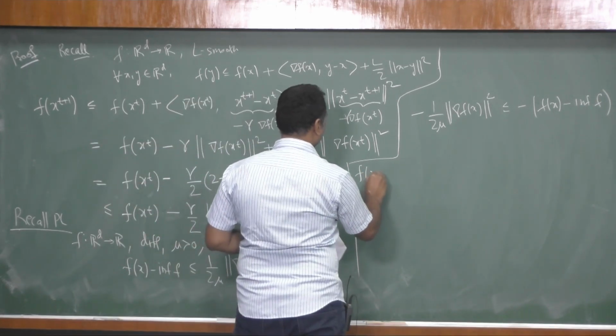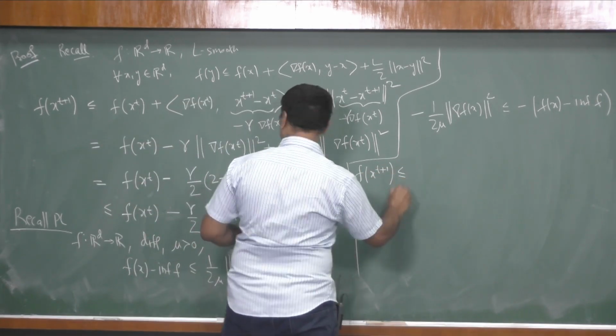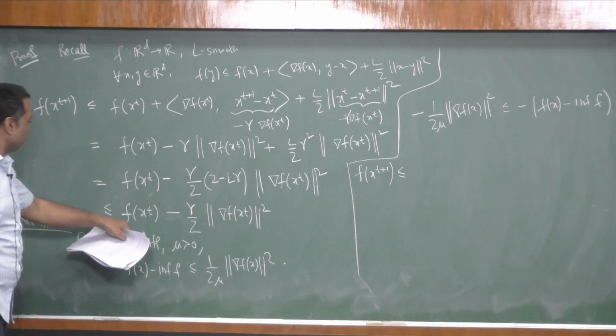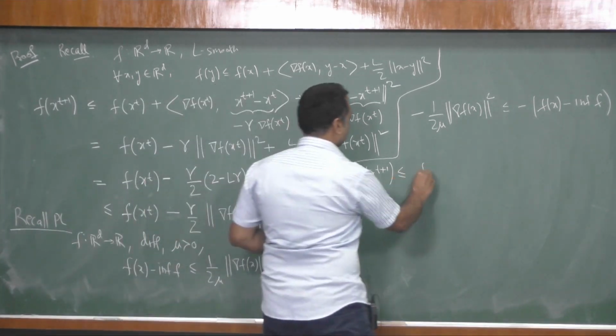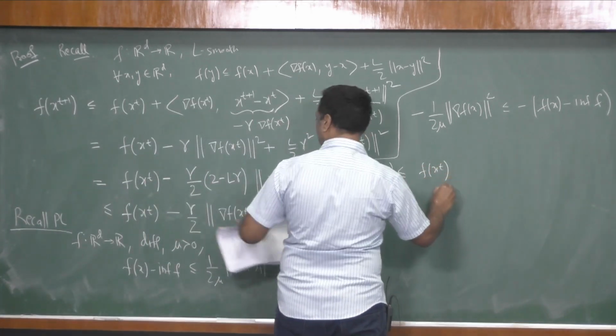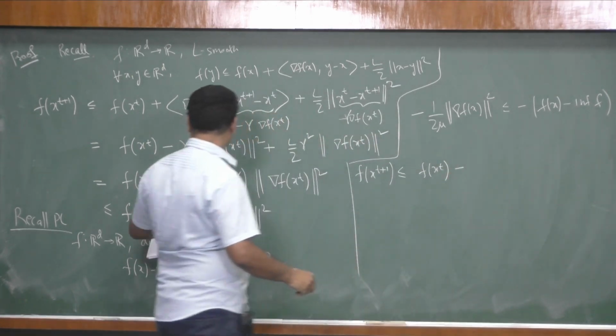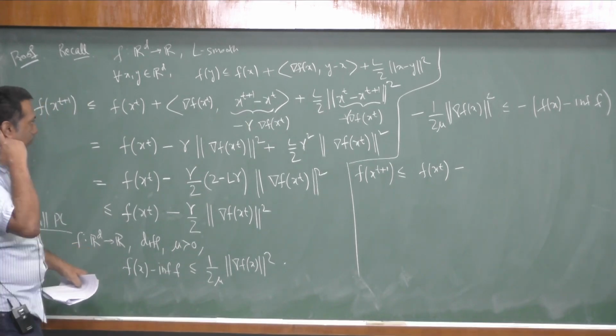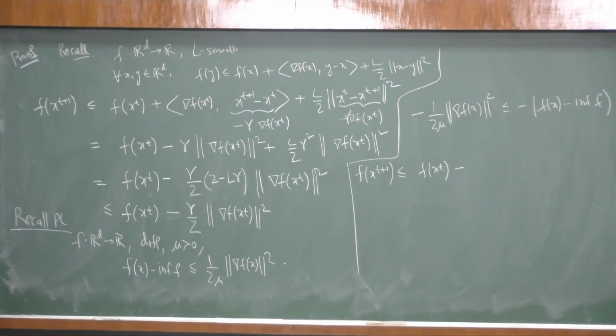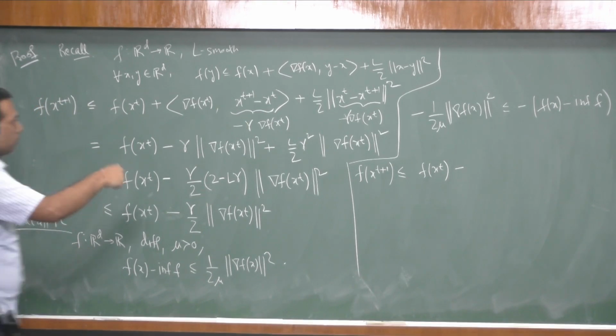fxt plus 1. Now this is less than equal to fxt and minus, and gamma by 2 will remain, and then 2 mu will get multiplied, right?